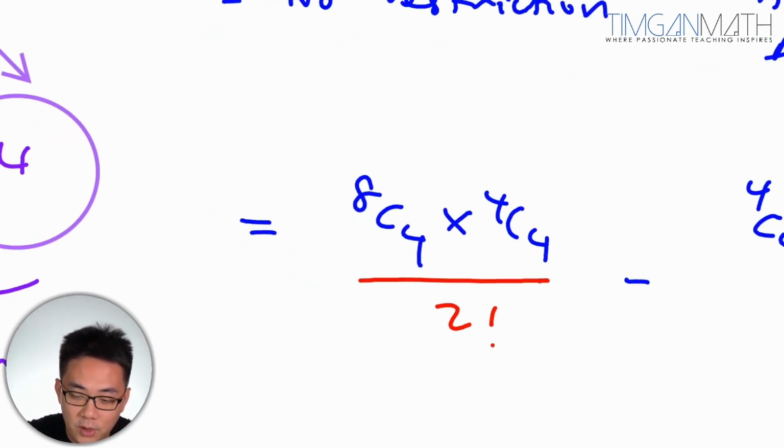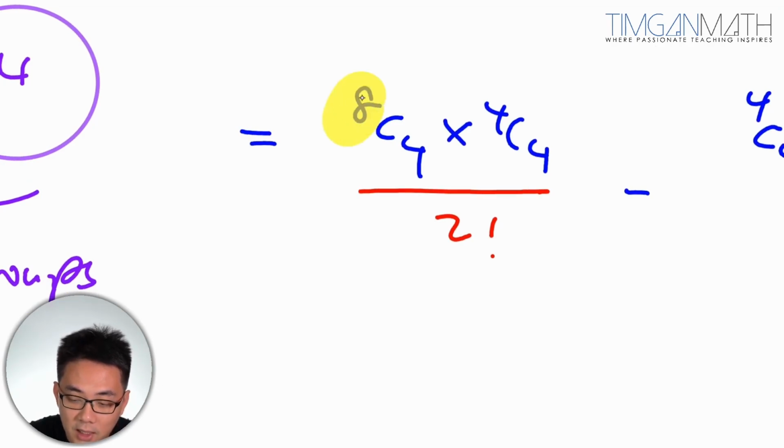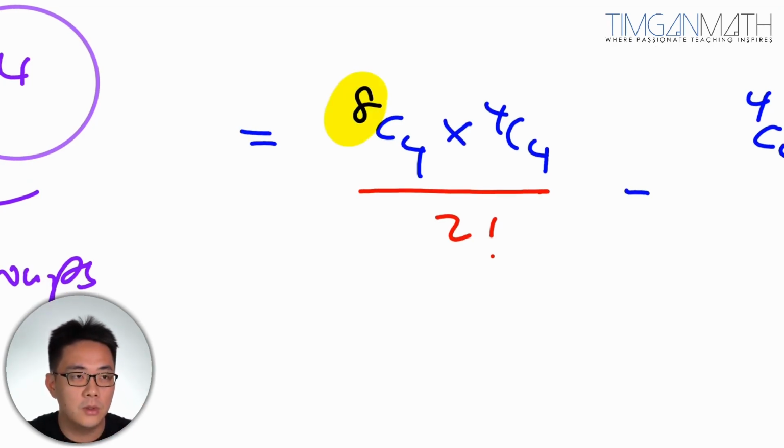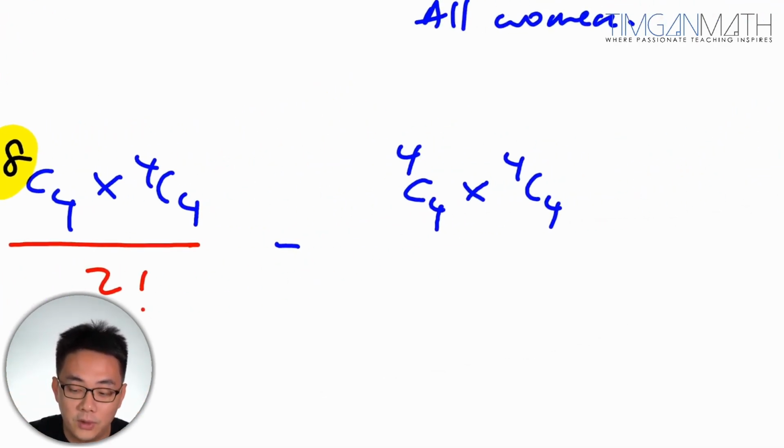But for the first one, because you lump all the humans together, so the 8 humans, you count them as 8 humans choose 4 humans. So from the mathematical standpoint, you have 4 humans in the first group, and 4 humans in the second group. So that's why you need to divide by 2 factorial. Whereas for this one here, 4 men choose 4 is precisely 4 men, and 4 choose 4 for the second group will be that.